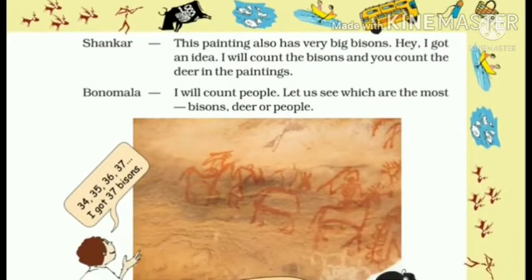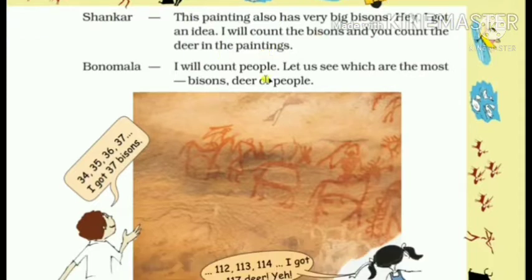Shankar, these paintings also have very big bisons. Hey, I got an idea. I will count the bisons and you count the deer in the paintings. Bonomala, I will count people. Let us see which are the most, bisons, deer, or people. Okay, let's see and watch the picture.